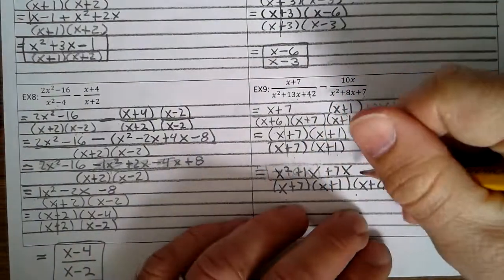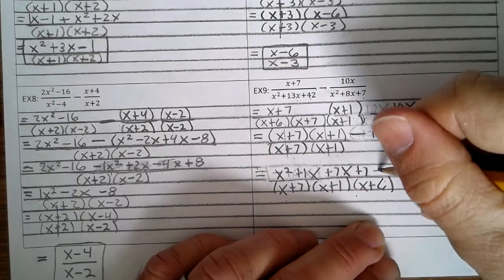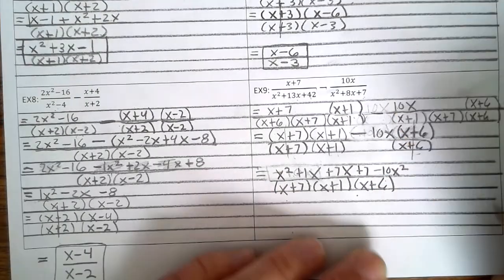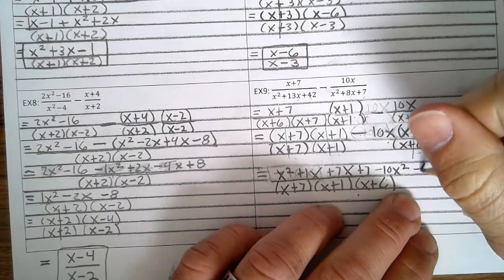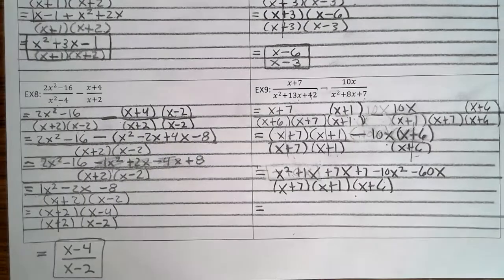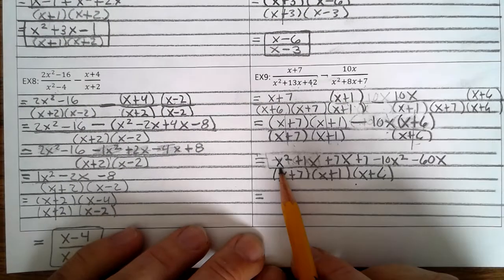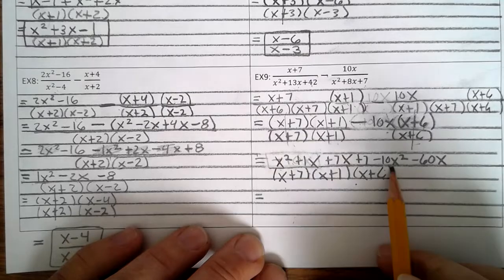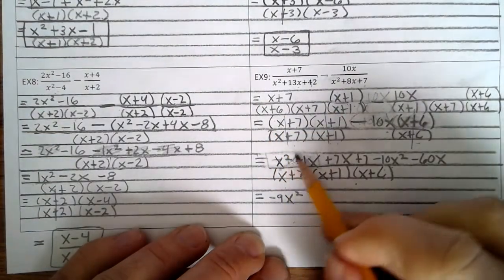Okay. So now we combine terms. x squared and negative 10x squared is negative 9x squared. And then I'm going to shade them out as I go. Okay. And then 1x and 7x is 8x, and negative 60x, that's a negative 52x.